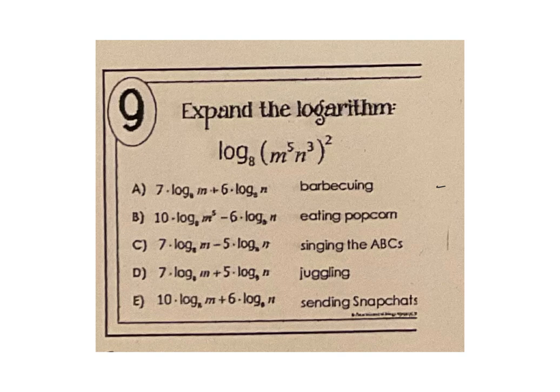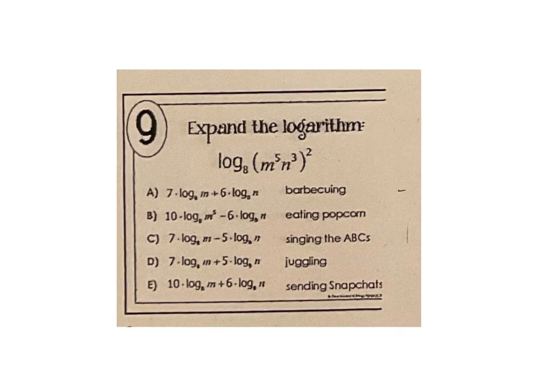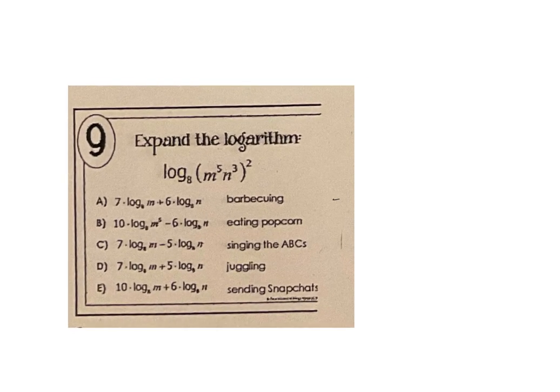Okay, so here's another power to a power rule. So before I do this, I'm going to go ahead and take care of the power to a power by just multiplying these exponents. So let's rewrite this as log base 8 of m to the 5 times 2, which is 10, and n to the 3 times 2, which is 6.